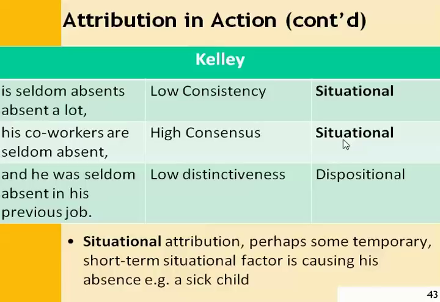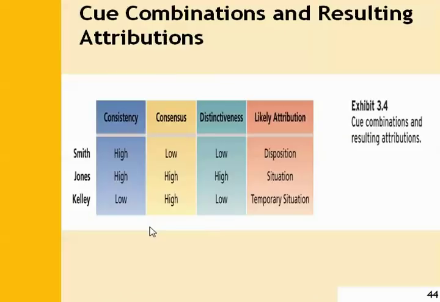It is possible that a sick child occasionally requires him to stay at home. يعني ال combination of cues دي بتخلينا نستنتج that the likely attribution is a situational attribution بس في الحالة دي هو temporary situation, short-term situational factor. يعني for example he might have a sick child today. يعني his child became sick, so only today he had to be absent. Okay? Well, actually, that is a summary of the combinations, the cue combinations and the resulting attributions.